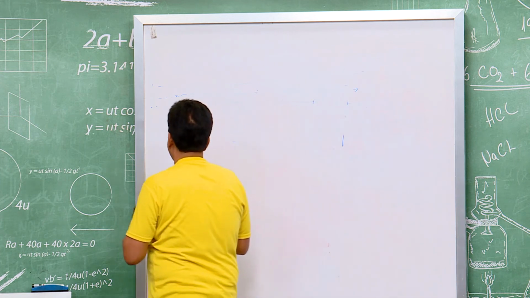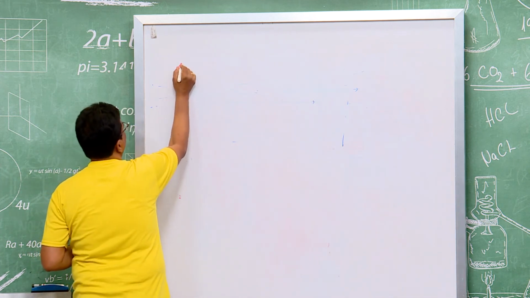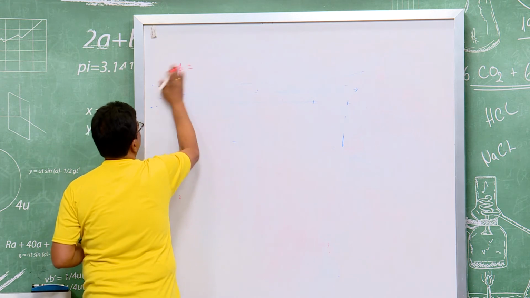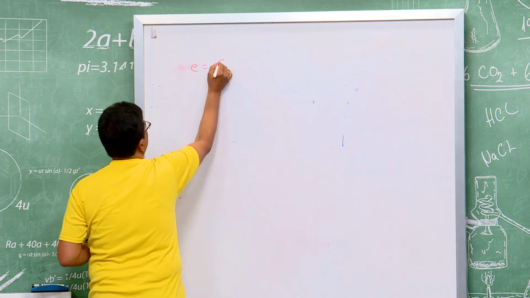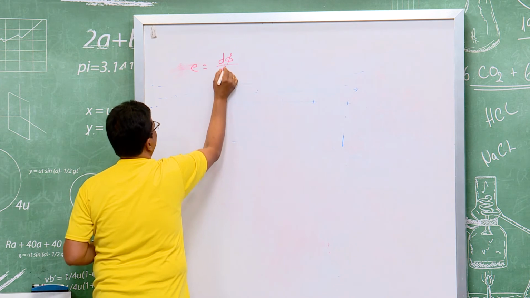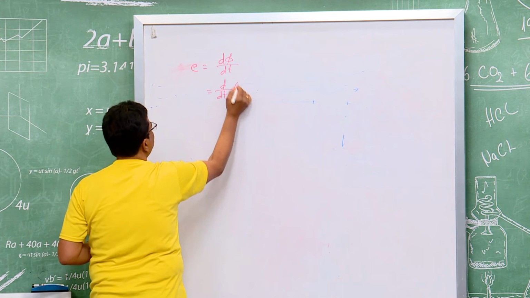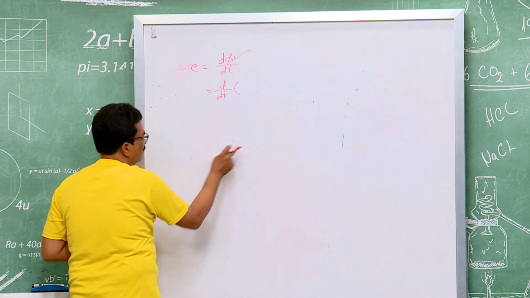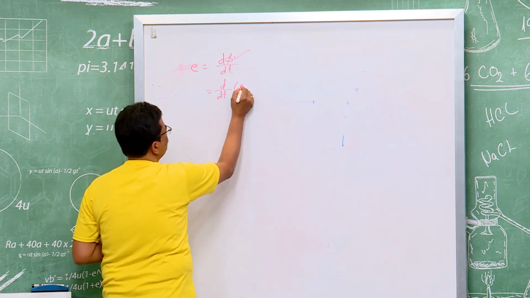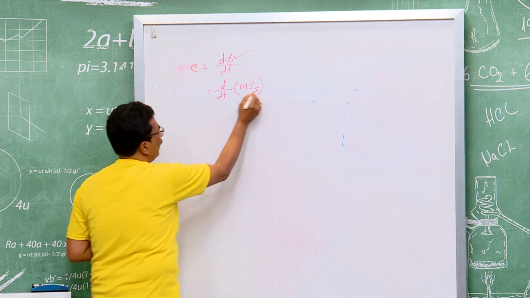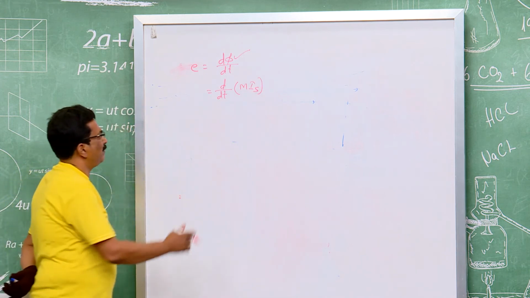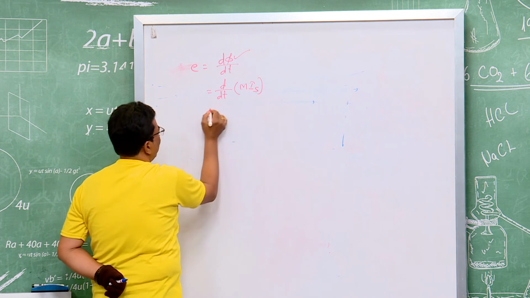For the second type of expression, you know that E is equal to d phi by dt, so that is equal to d by dt of phi. So phi is equal to how much? Phi is equal to M Is, as we have derived.